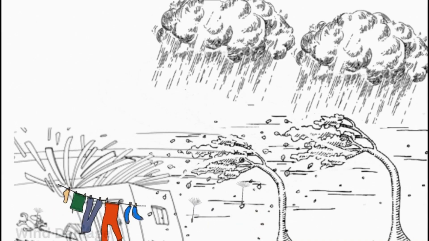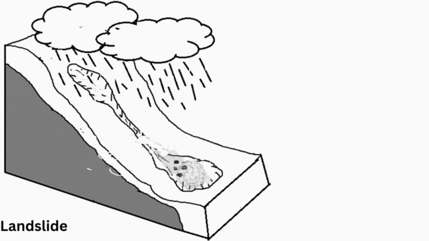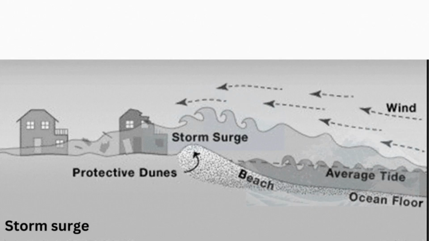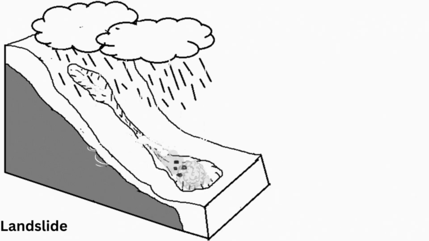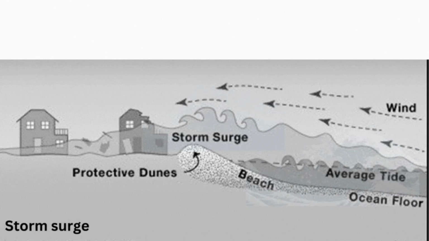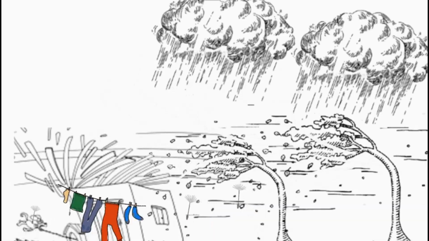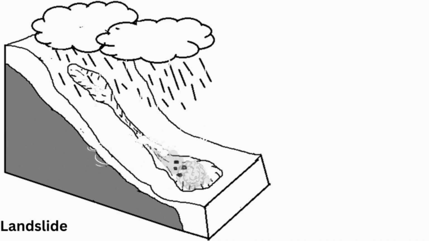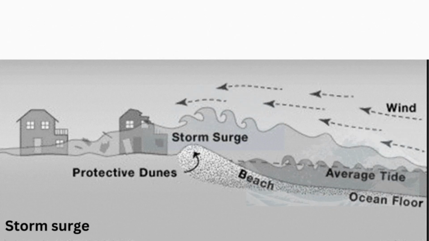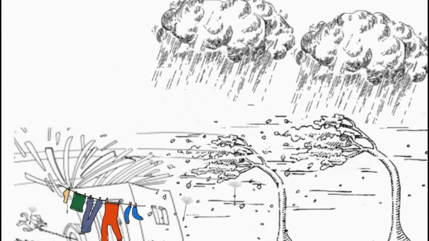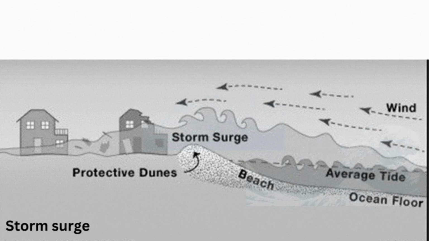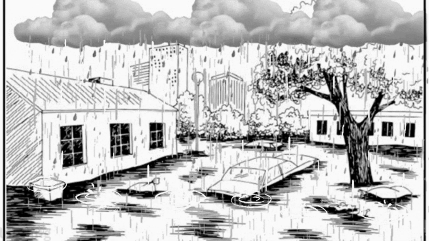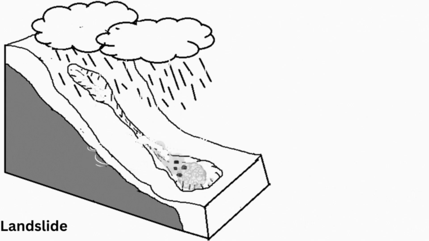Natural features like forests and coral reefs may be damaged, and many economic problems, such as a general reduction in production, may result. Due to climate change, hurricanes have become even more intense and unpredictable.